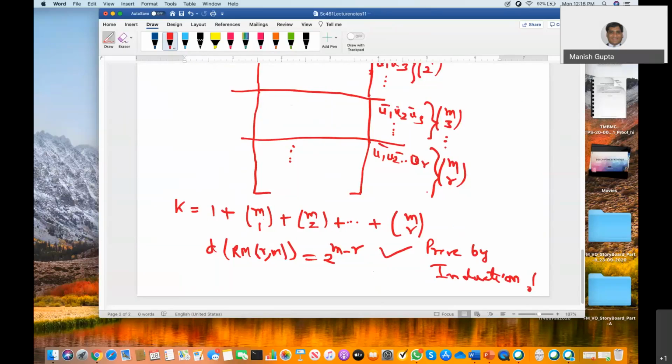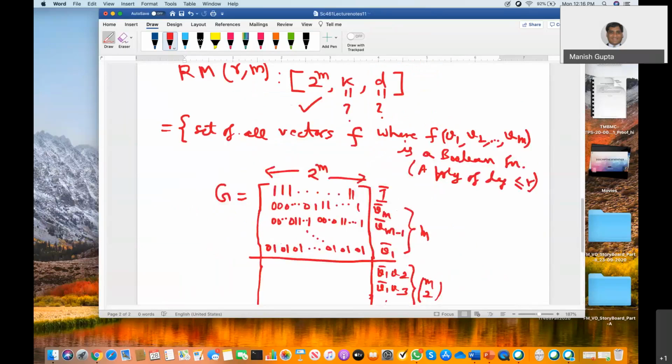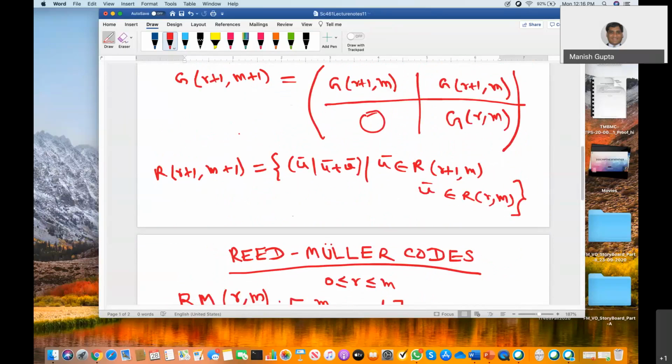Okay, so these are the parameters. One last property I would like to mention about Reed-Muller codes is the following: the dual code of a Reed-Muller code is again a Reed-Muller code, and it is given by (m minus r minus 1, m).